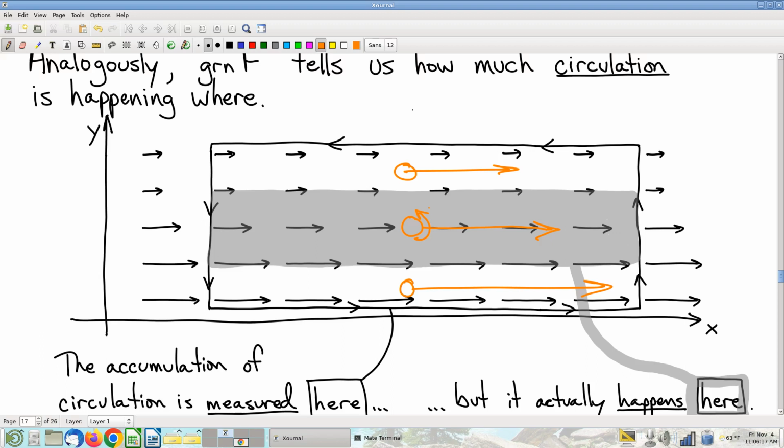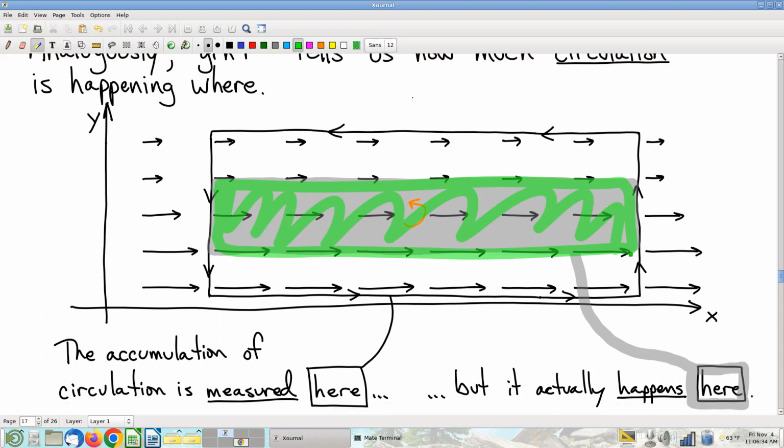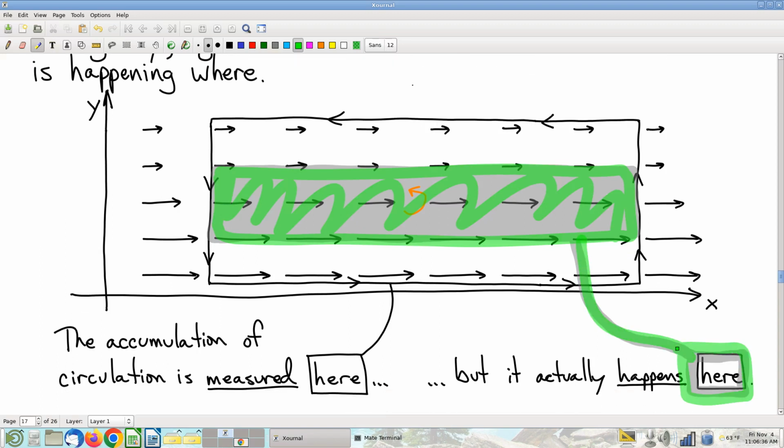That rotation is a measure of where the circulation is happening. The leaves rotate counterclockwise. That's why this region here is where the circulation happens. That's where the circulation comes from.